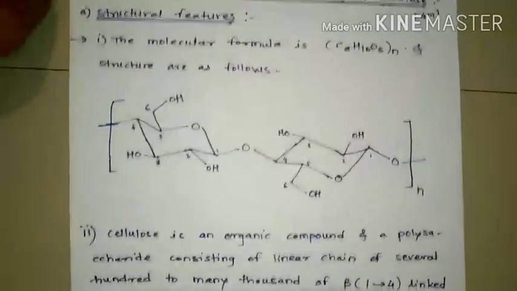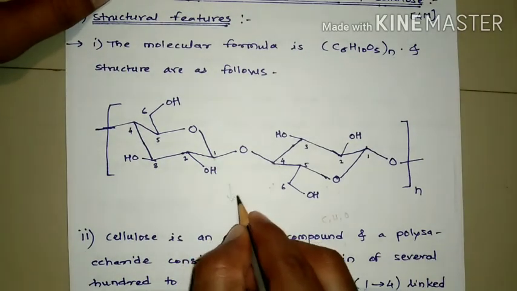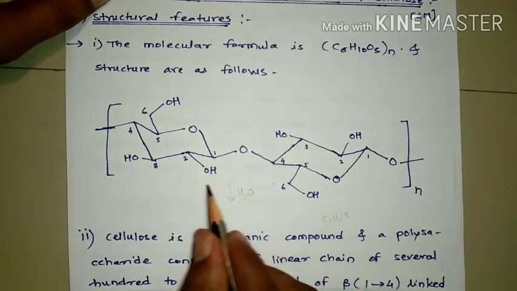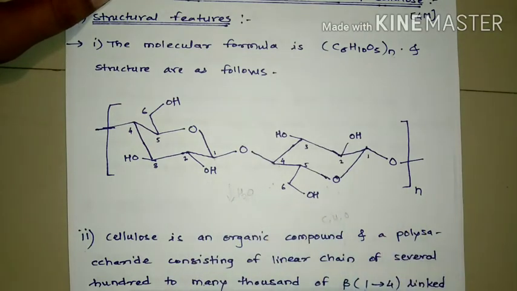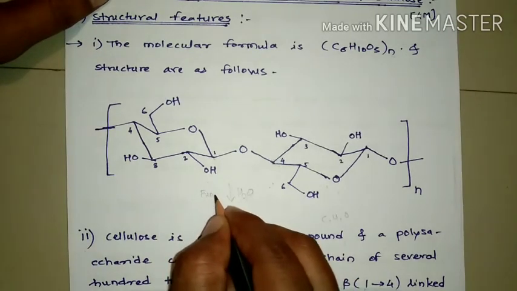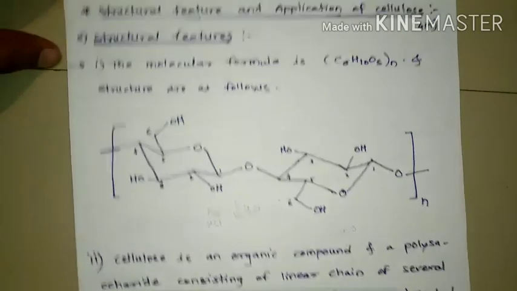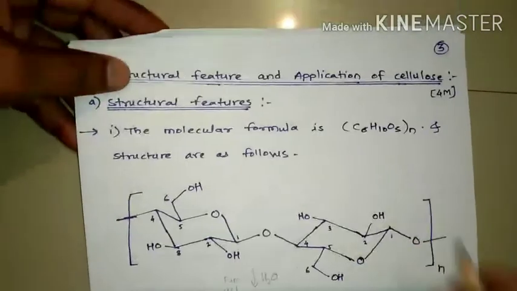It means when water is added to the cellulose unit, in the presence of fuming HCl, it gives D-glucose. What is the structure of D-glucose?